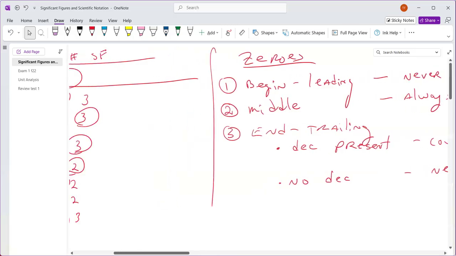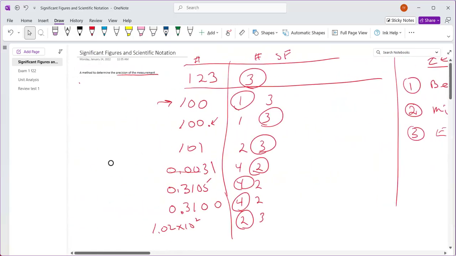So this guy here, no decimal point here. So those zeros on the end don't count. That's why there's only 1 sig fig there. Decimal point, that means those zeros count now. 3 sig figs.